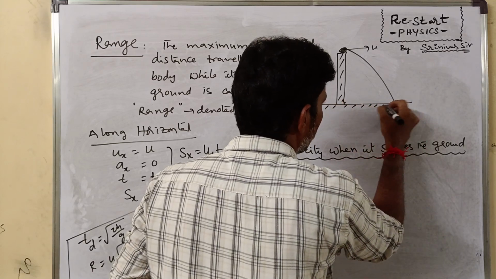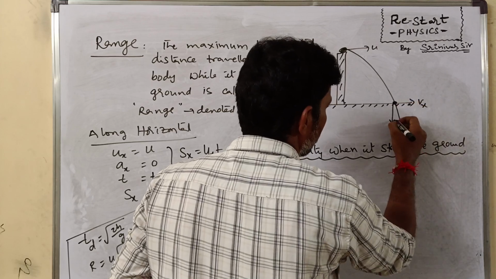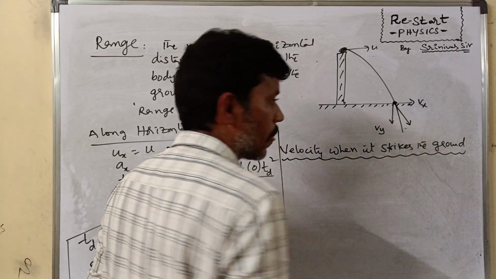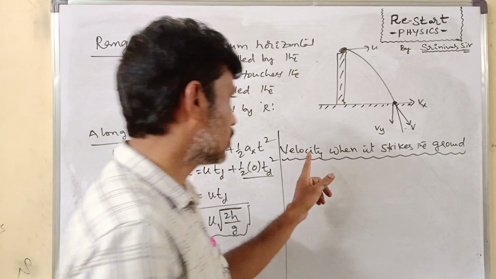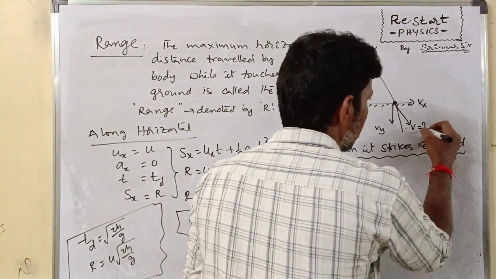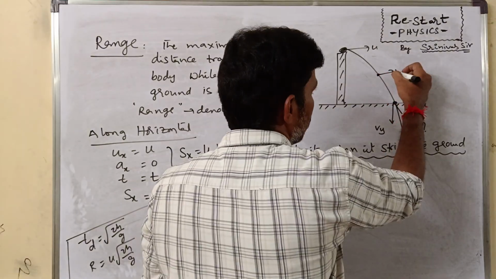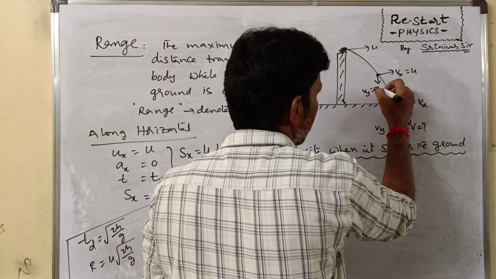At this point there is Vx, and exactly vertically downward Vy, and the velocity is moving like this. The final velocity is V. Now they are asking the velocity when it strikes the ground, this velocity. At this point, Vx is equal to u only, and Vy is equal to gt, am I right?